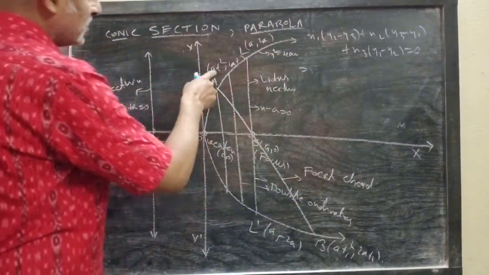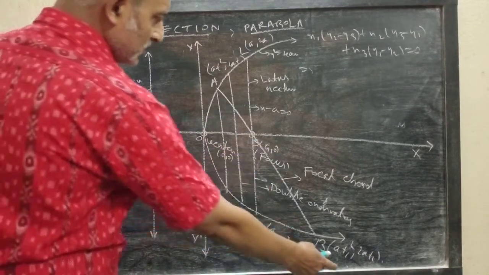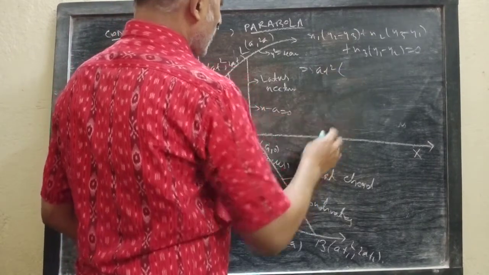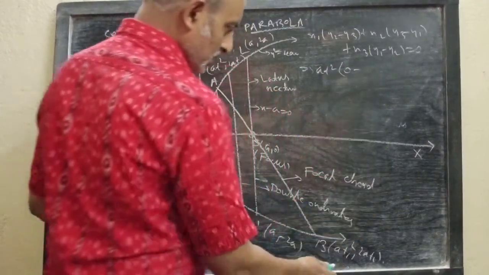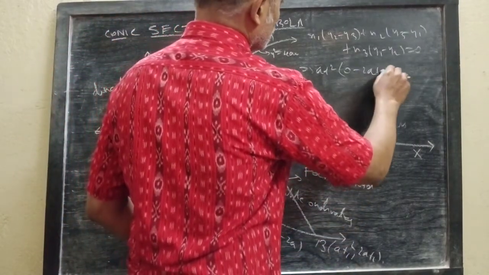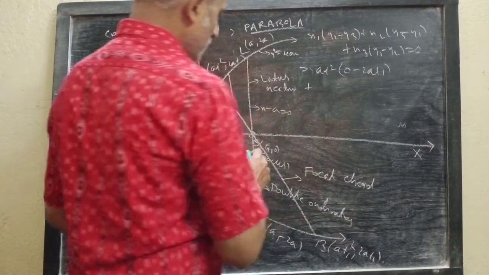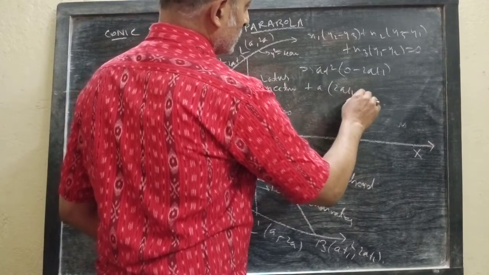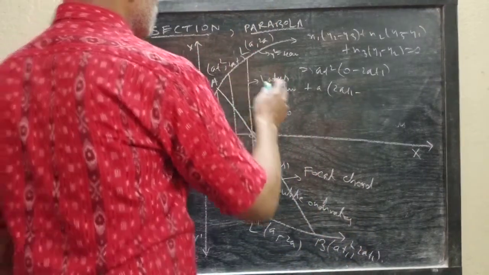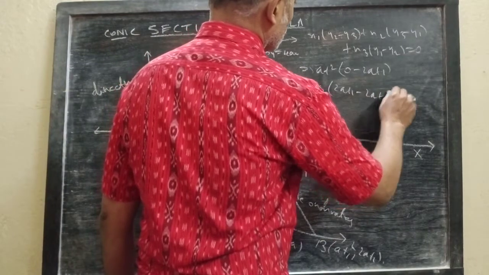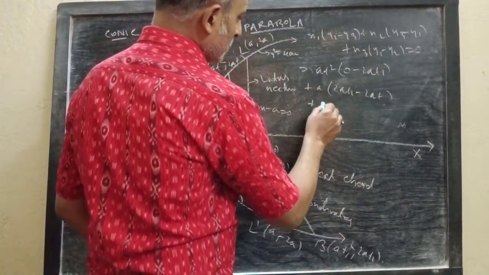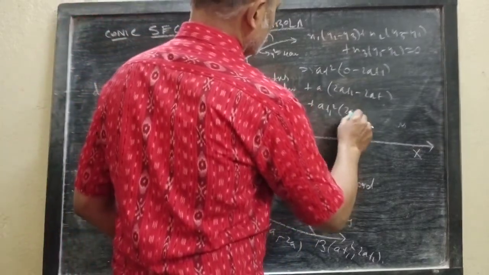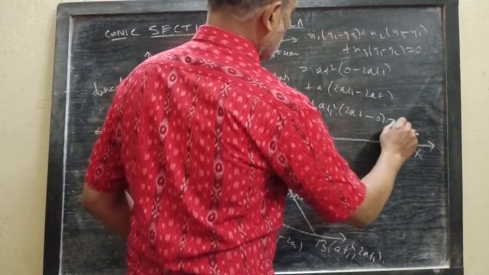Let us consider x1, y1 as A, x2, y2 as the focus, and x3, y3 as B. So x1 is at square, y2 is 0, y3 is 2at1, plus x2 is a, y3 minus y1 is 2at1 minus 2at, and x3 is at1 square, y1 minus y2 is 2at, equals 0.